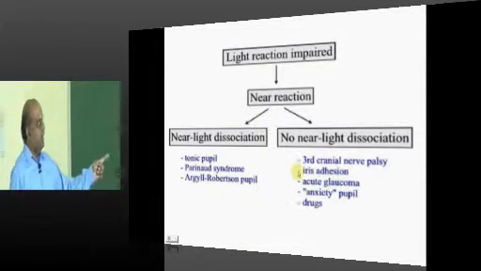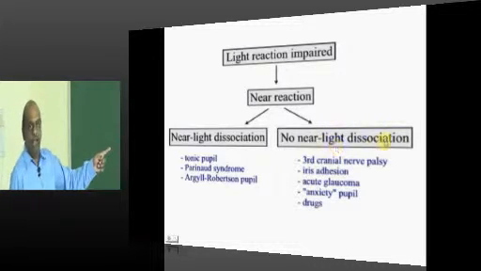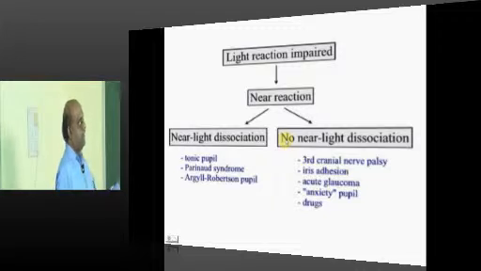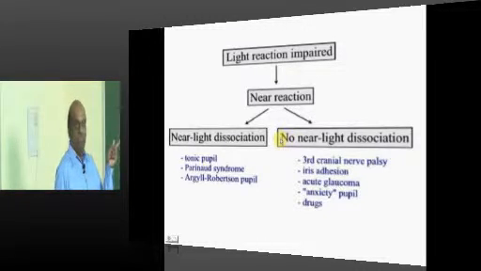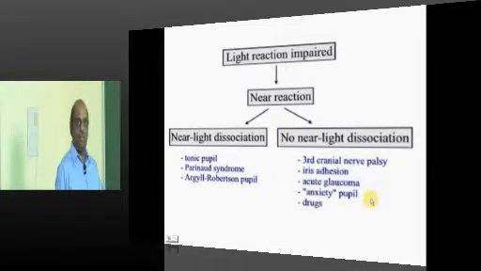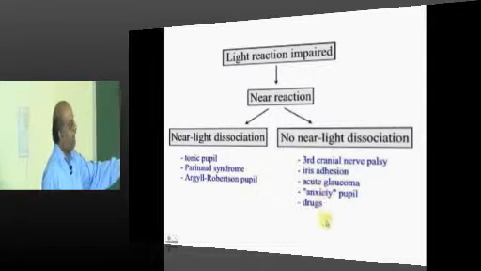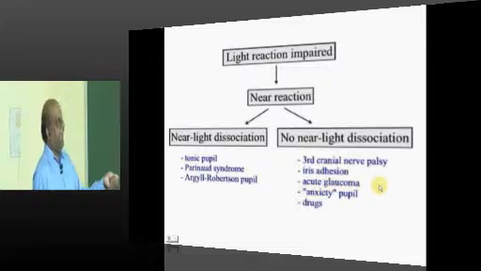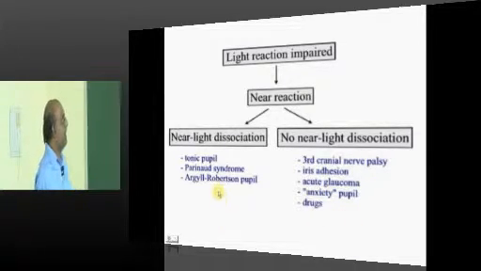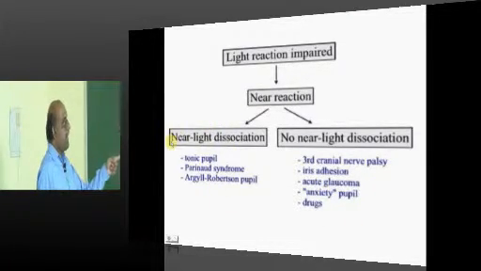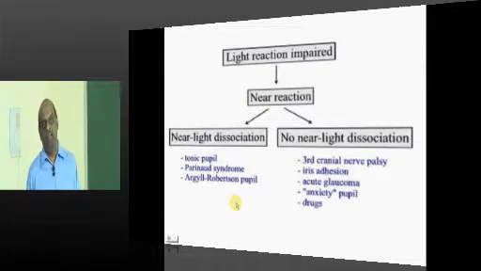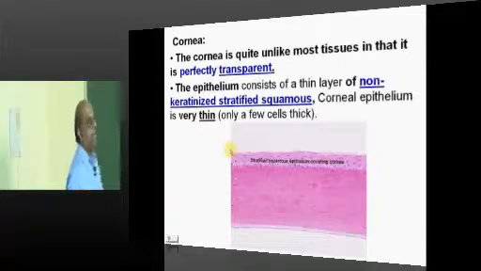If the near light dissociation is not there, that means near is gone, light is gone. Then you think of all these causes, third cranial palsy, iris sphincter damage, acute glaucoma, etc. Whereas the near is retained but light is gone, makes you to think of this group of important conditions.